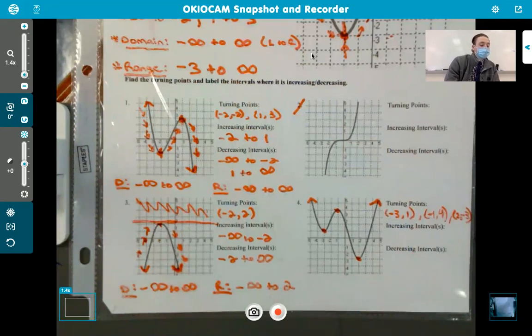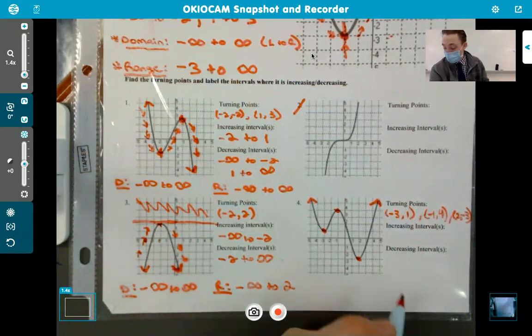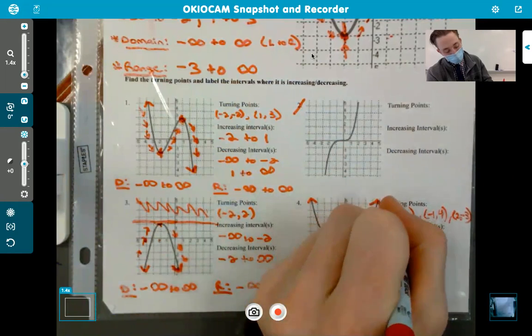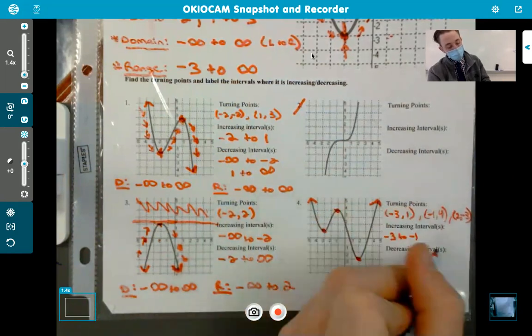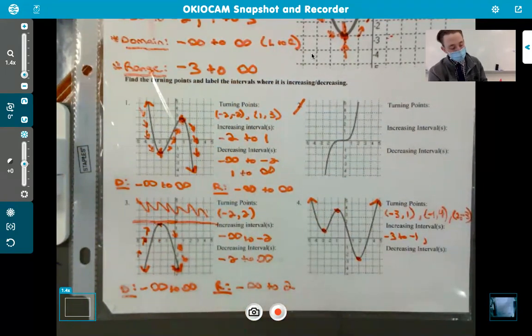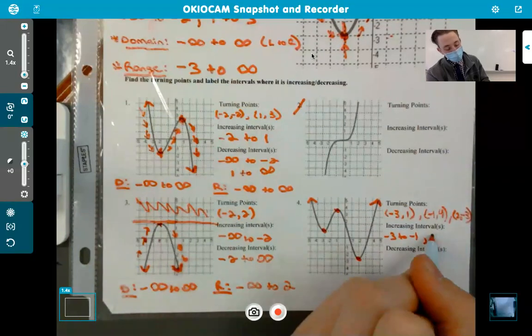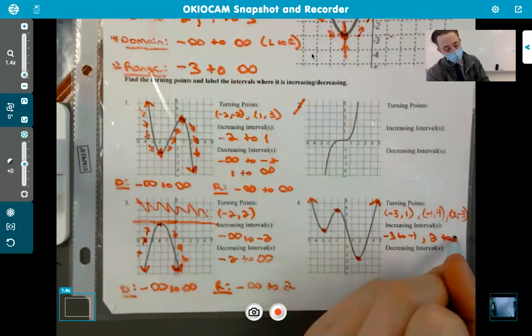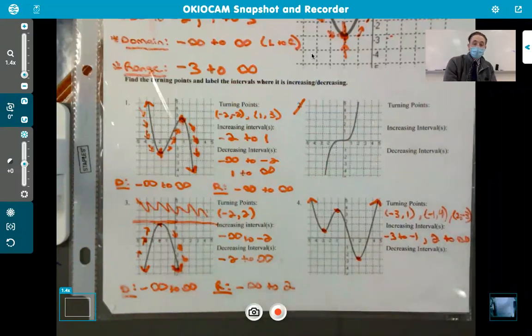Somebody from home, tell me the increasing intervals. There's two increasing intervals that I see here. What are those intervals going to be between what x values? -3 to -1. So from -3 to -1, good. Where else? And then +2 to positive infinity. Awesome. From +2 to positive infinity.